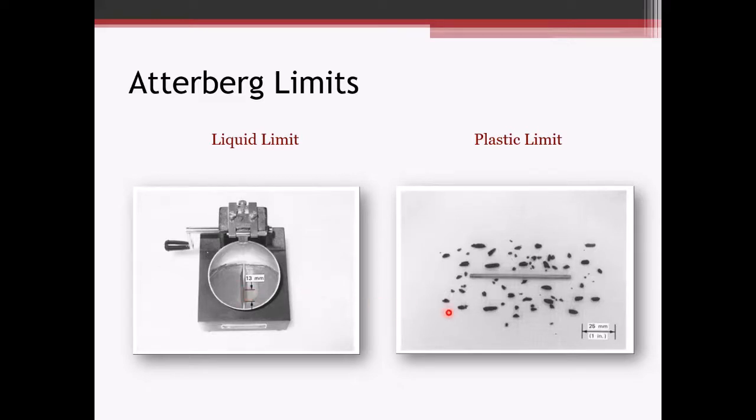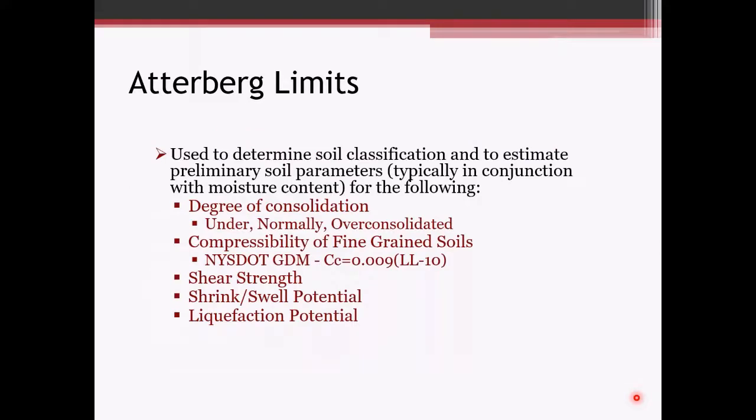Whereas the photo on the right, to determine the plastic limit, basically that's going to be the moisture content where the sample starts to crumble when it's being rolled to a thread of about 1/8 of an inch. So these are pretty quick, pretty simple tests to perform.